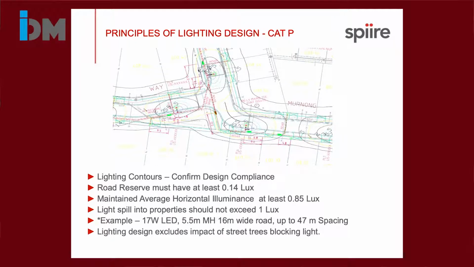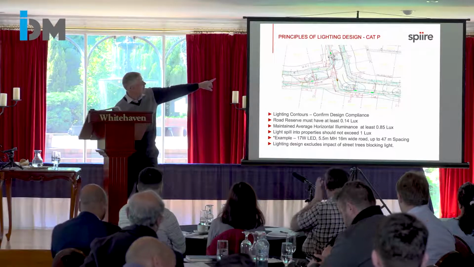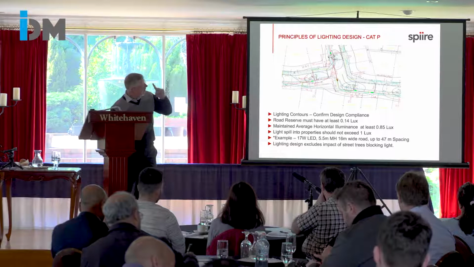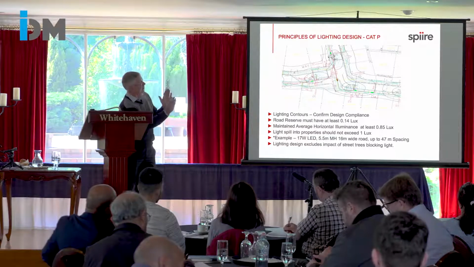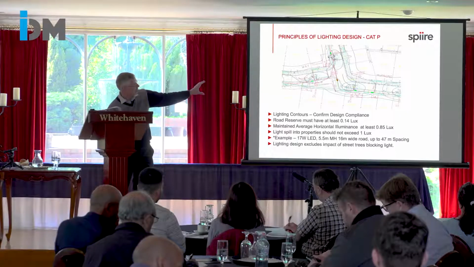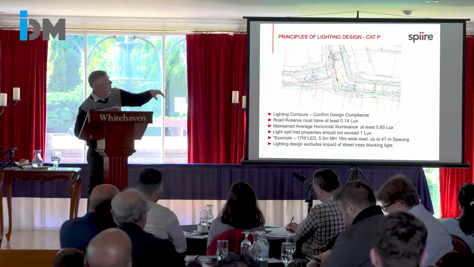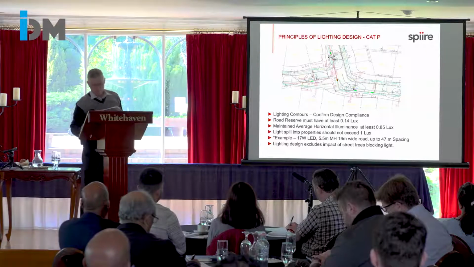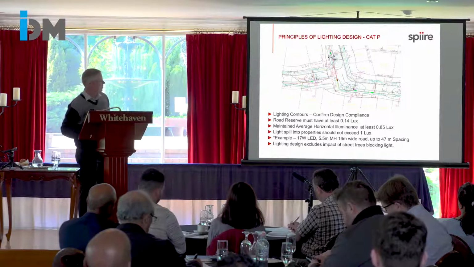You've got the requirement there of the lantern within that 10 metre zone of the intersection, and then other than that, it's a matter of massaging the position of lanterns to try and get that 0.14 lux on the outside fairly uniform, and basically filling in the entire road reserve.